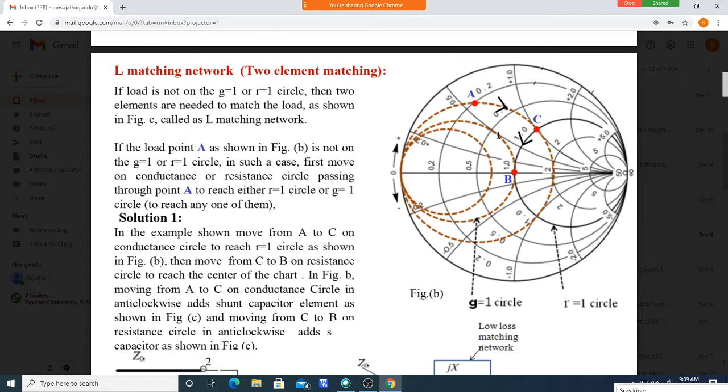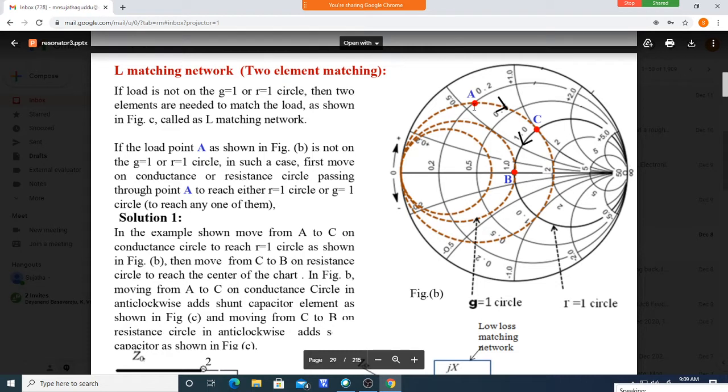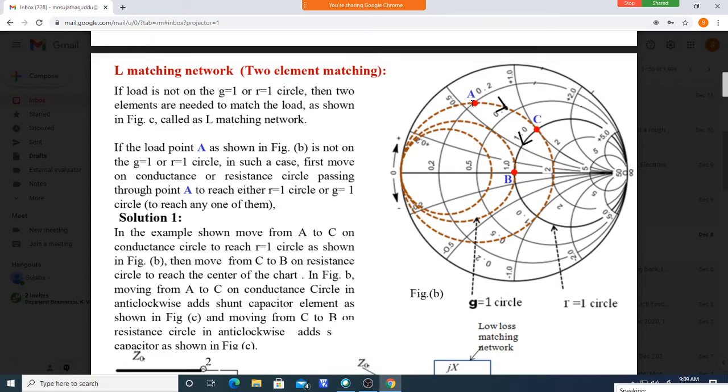See, this is one, and this is another way. Either you move over this circle to reach this point, this is the G equal to one circle, or you move over this circle to reach this point. So starting from anywhere you are, first identify the resistance circle and the conductance circle passing through this point. You decide on which circle you should move and in which direction.